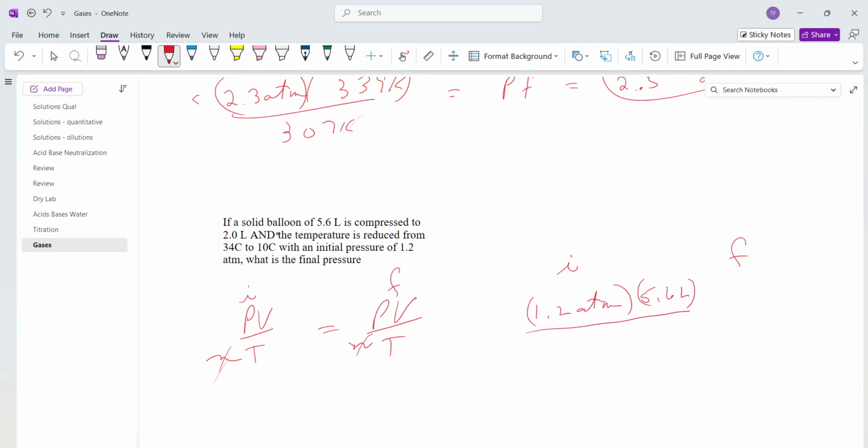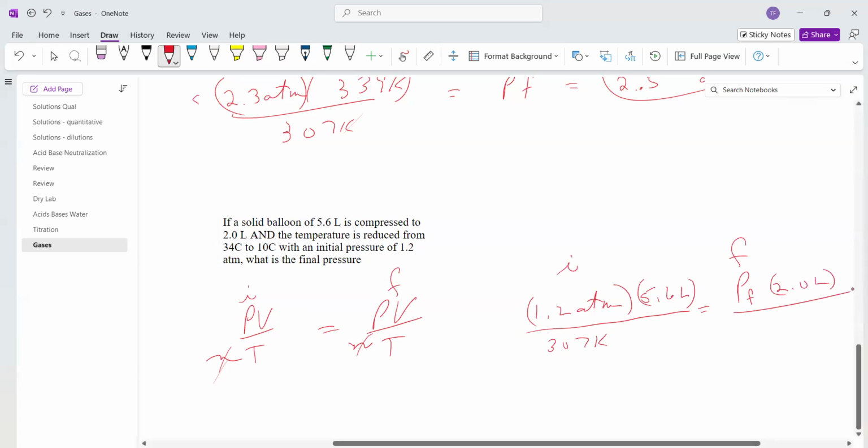And the initial temperature is 34, that would be 307 again. Final pressure, we don't know. Volume is 2 liters. And the temperature is 283 K.